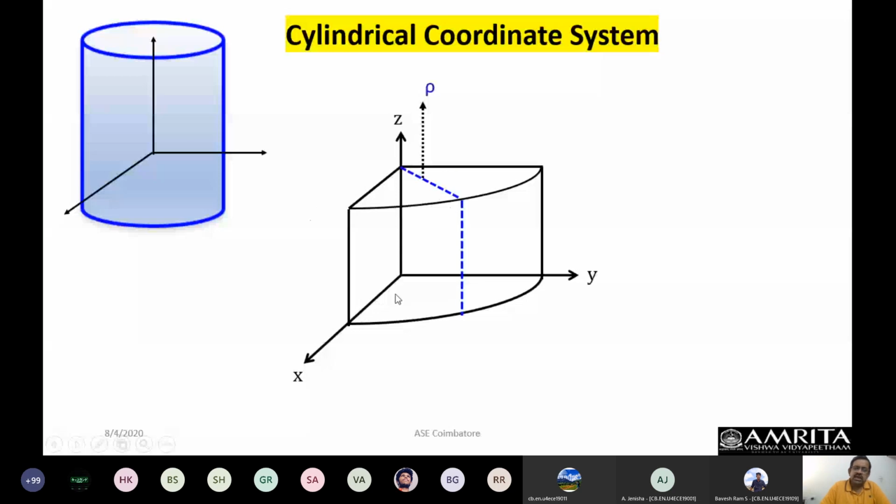This is the projection, and clearly the projection of this rho on the xy plane is also going to be rho, which is the radius, because it is only circles stacked over each other to form a cylinder. Therefore, whatever value you get here, the projection is also going to have the same value in the xy plane. Therefore, this is also rho, and this rho is going to make an angle phi with the x-axis. This is how we define phi.